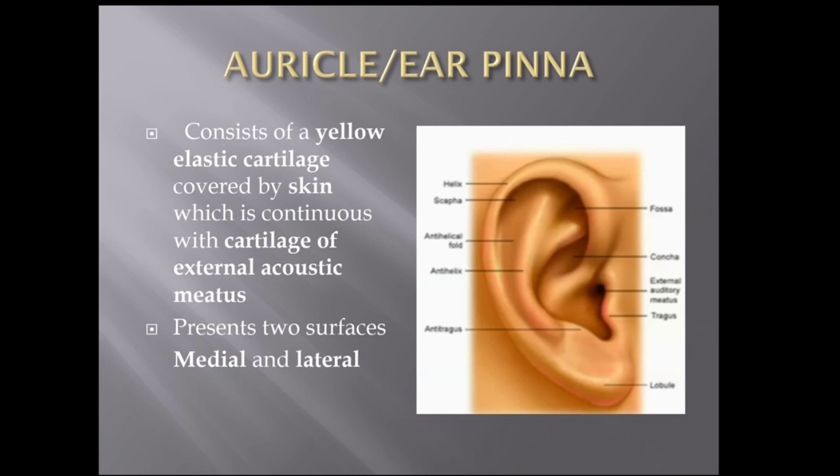It consists of a yellow elastic cartilage covered by skin, which is continuous with the cartilage of the external acoustic meatus. Auricle presents two surfaces, medial and lateral.